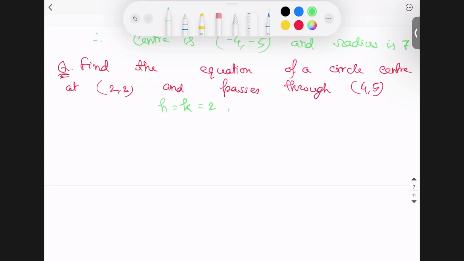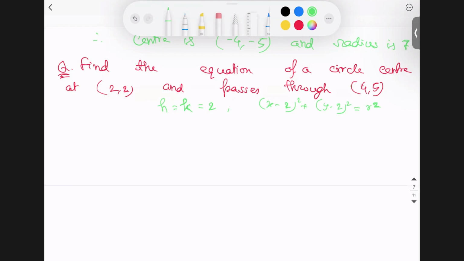So the equation will be of the form (x minus 2) whole square plus (y minus 2) whole square is equal to r square, right? Now we don't know r square, so we can't put the value of r square directly here. But indirectly, we can find the value of r square. How?